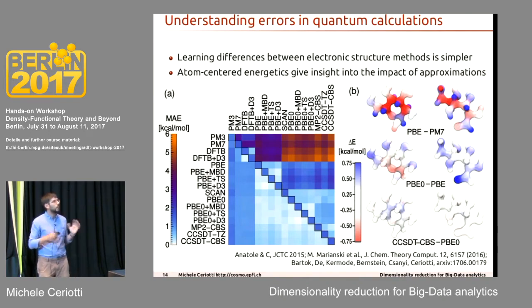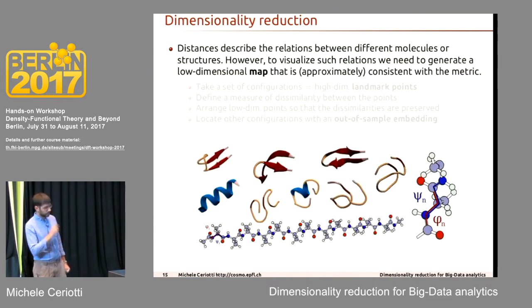And if you look, it's much harder to find clear-cut signals when you look at the coupled cluster, the difference between a hybrid and a correlated method, basically because these are complicated correlations that you cannot represent so easily in terms of atom-centered contributions.